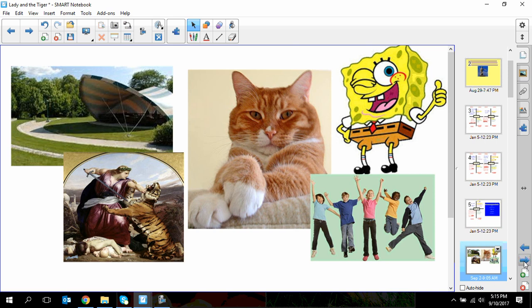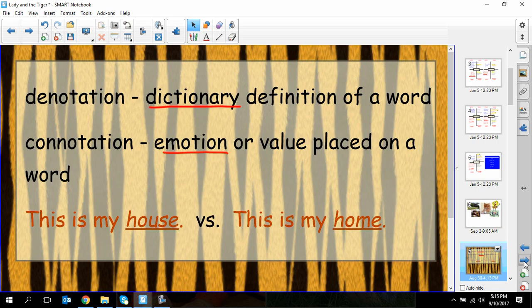All right. And the last little thing is down in the lower hand corner in the notes that you have about the author. I want you to write down these 2 definitions, denotation and connotation. Denotation is the dictionary form of a word, dictionary definition.